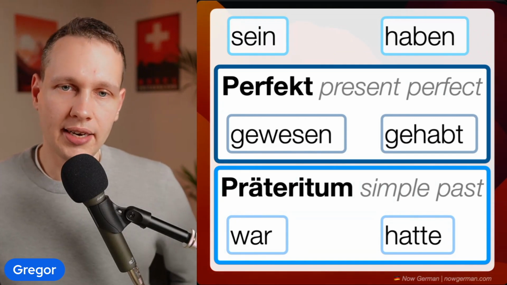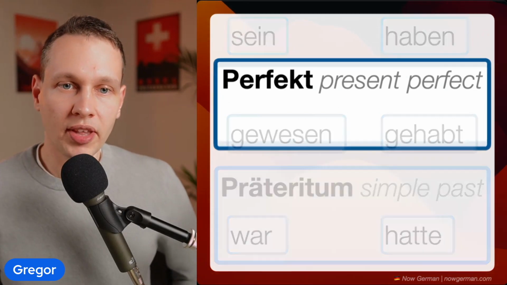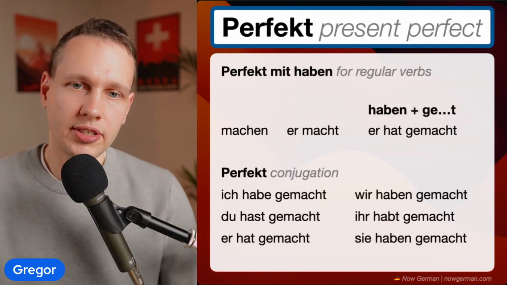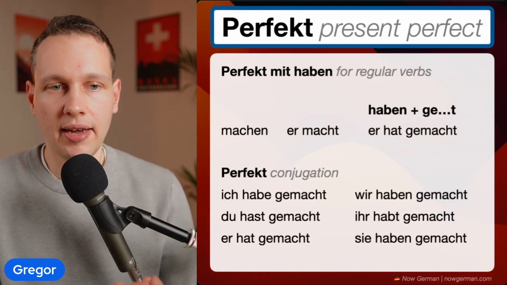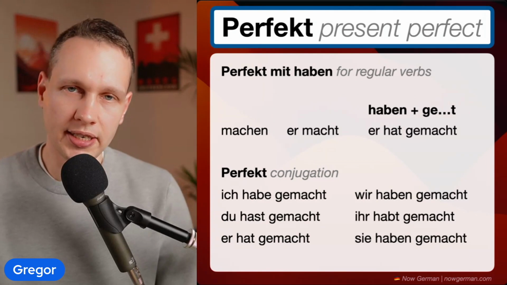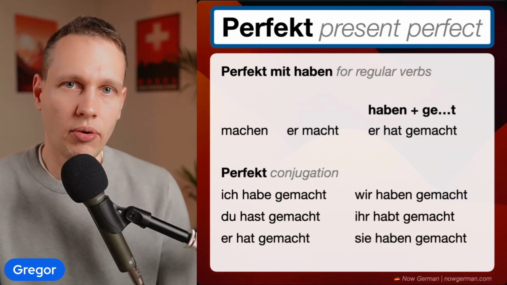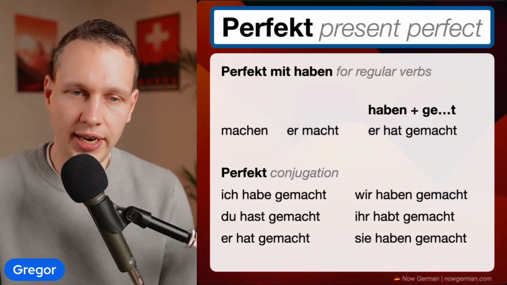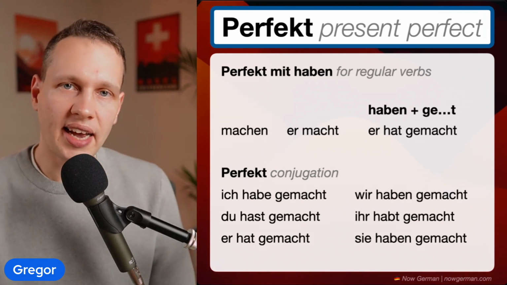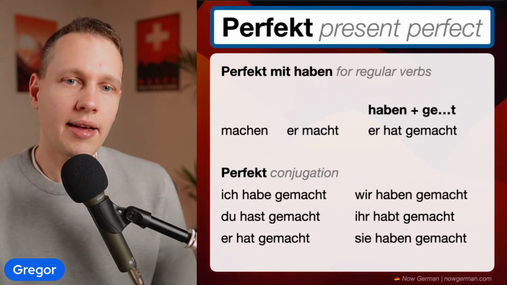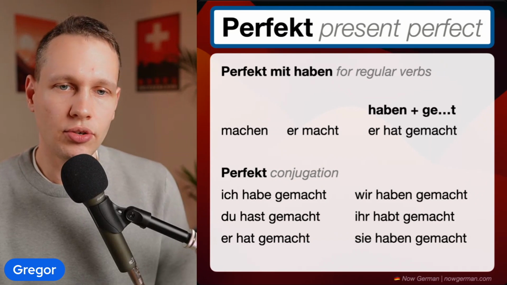And so let's look at the perfect tense first. A good way to start with learning any new tense in German is by starting with a fully regular verb that follows the standard conjugation patterns. And the one that I always like to use is machen. That means to do.